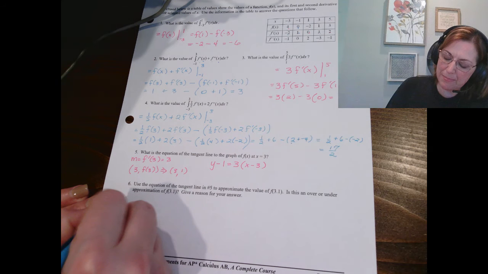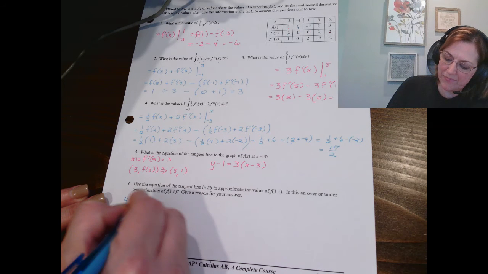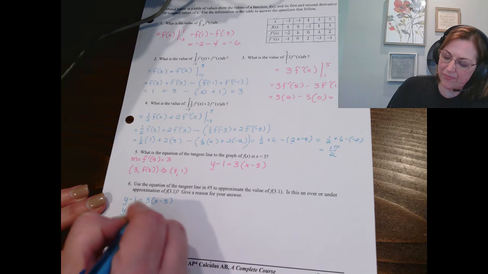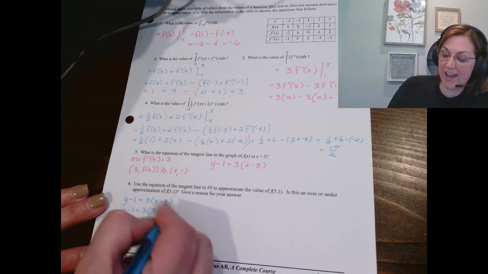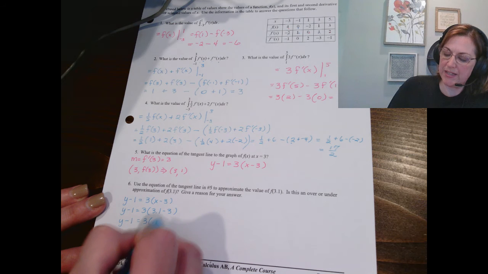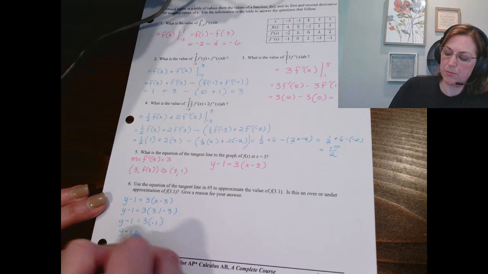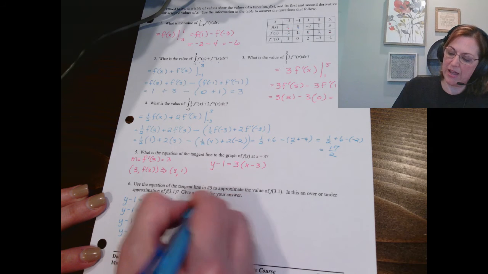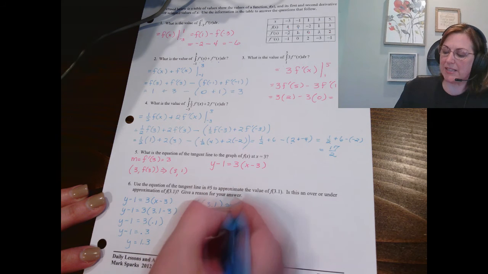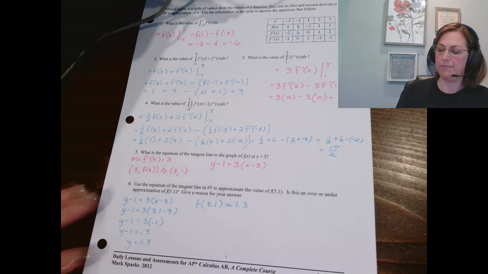So I'm going to put in 3.1 here for x. I got y minus 1 equals 3 times 0.1. So y minus 1 equals 0.3. So y is 1.3. So f of 3.1, remember, it's not equal, it's approximately 1.3.